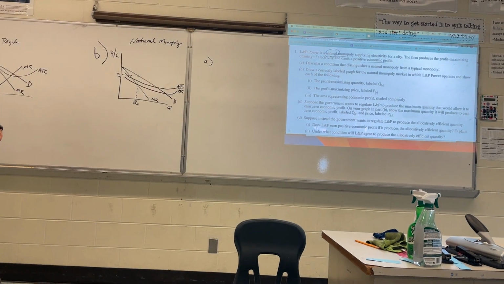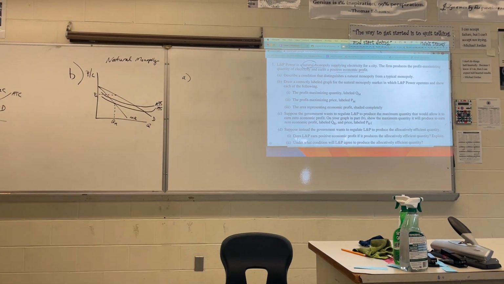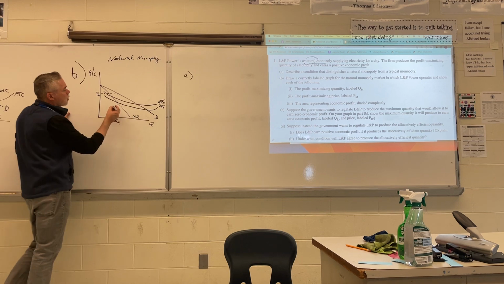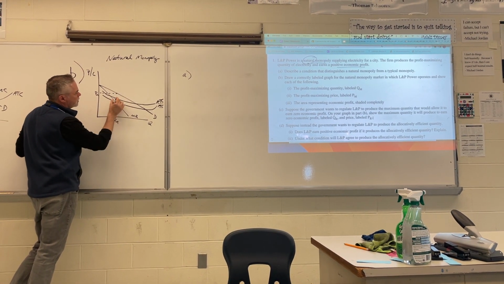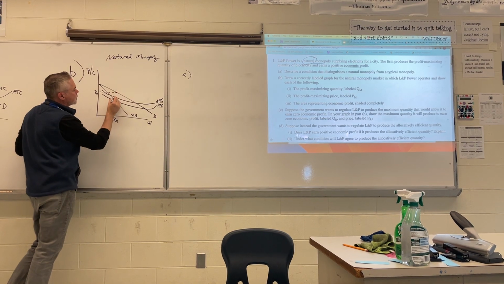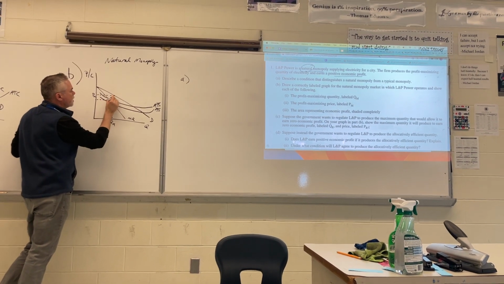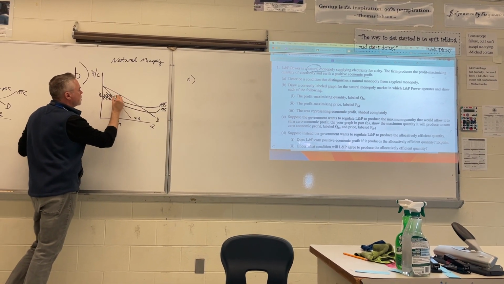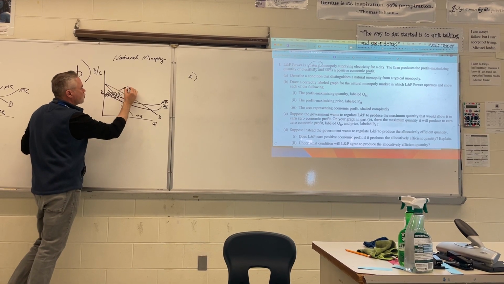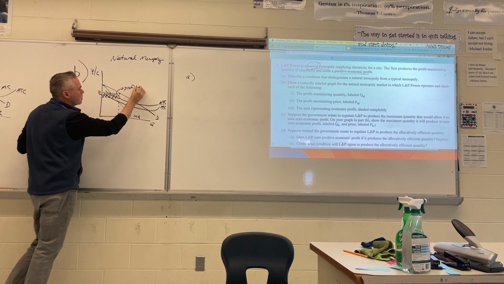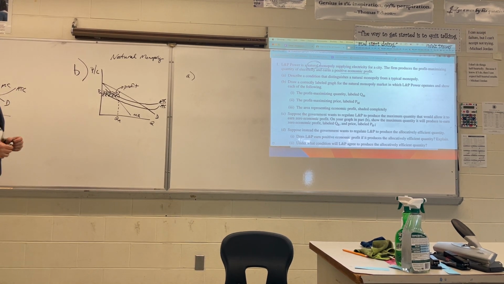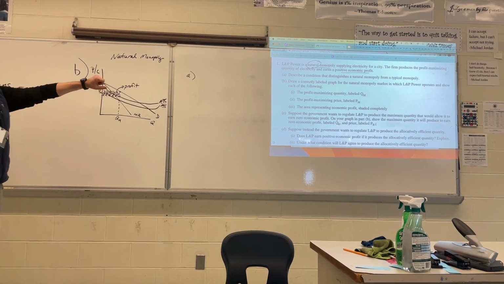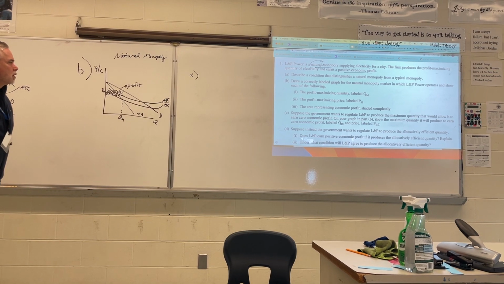Then to shade the area of economic profit, go to where the profit maximizing quantity hits ATC, up to the price, and shade in that area. Identify it as profit, because it's not a loss, it's a profit. That would have been another point there for shading completely.